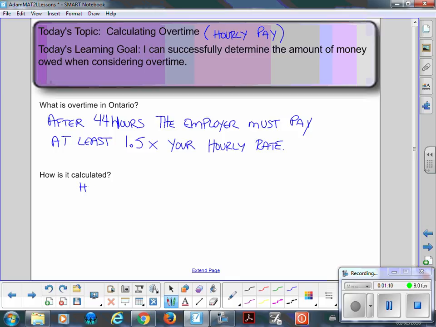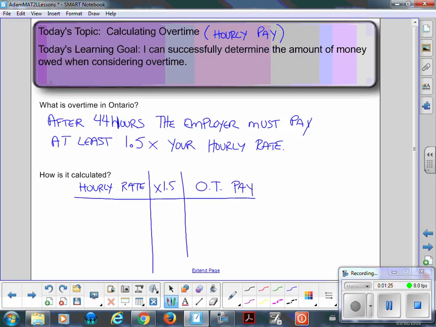I'll just do a couple of examples here. Your hourly rate, and then a times 1.5 column, and OT pay. So $10, $12, and $14 an hour. For each of these, as soon as you hit overtime in Ontario, you get 1.5.